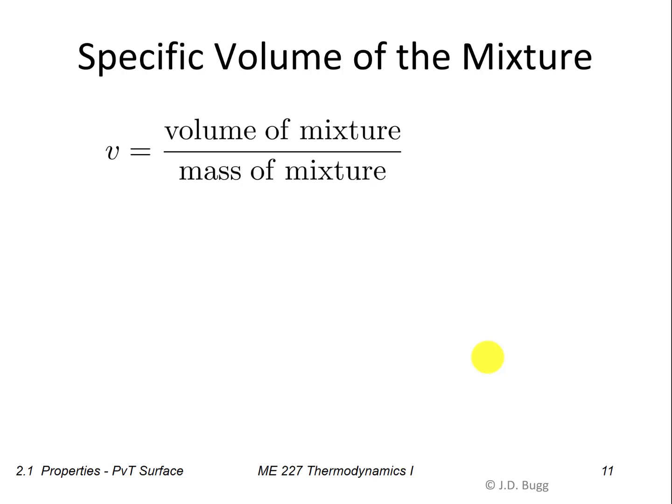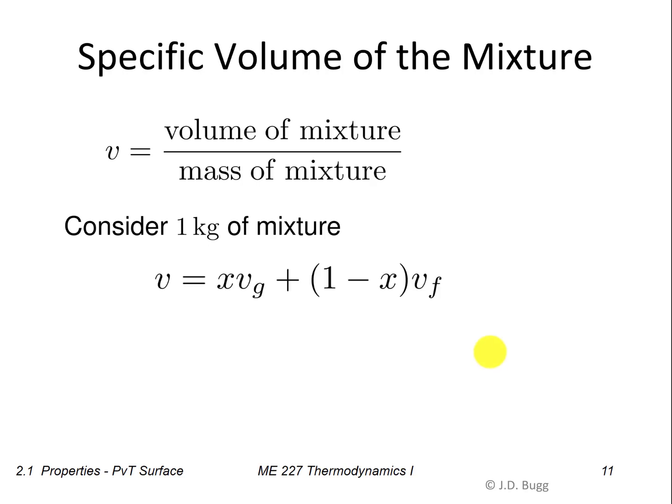That's the definition of specific volume. Let's just consider a kilogram of mixture. Imagine that the total mass inside of that piston cylinder device is 1 kilogram. This expression gives us the specific volume of the mixture, which is the left-hand side, as a function of quality.